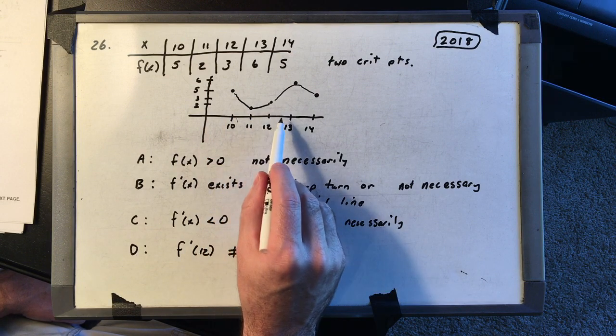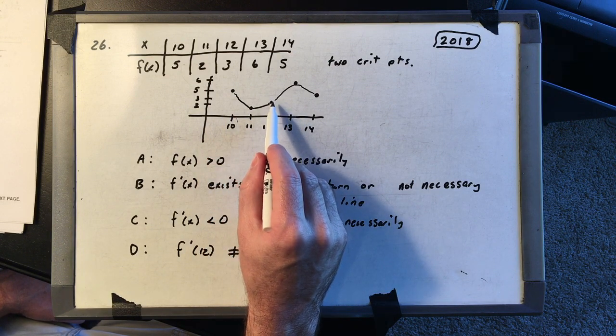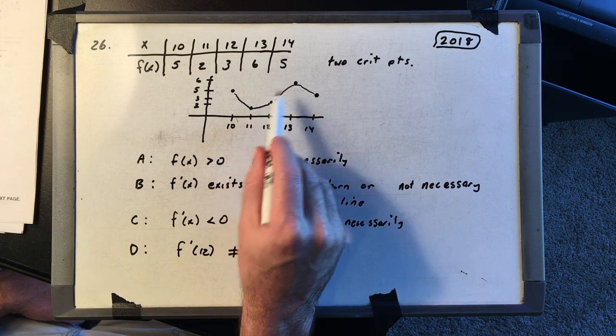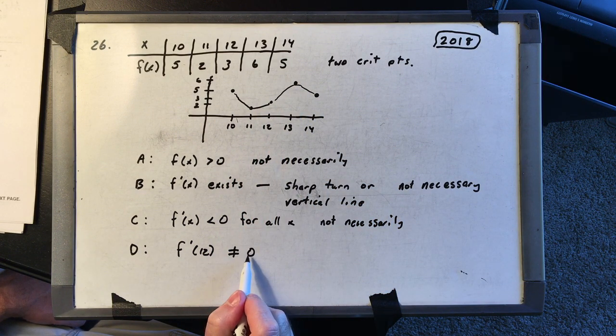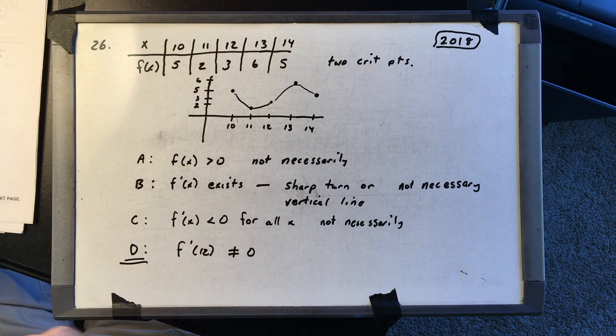I know it could go below the x-axis, but it can't occur at 12 because 12 is in between a lower one and a higher one. So you can't have a slope of 0 at 12. It can't be a critical point there. So the answer is D.